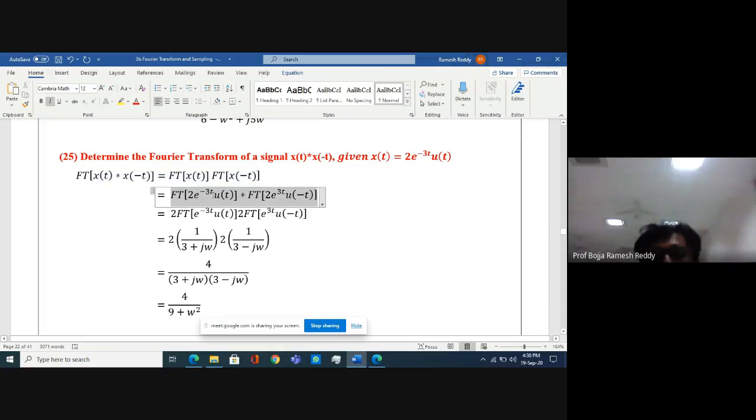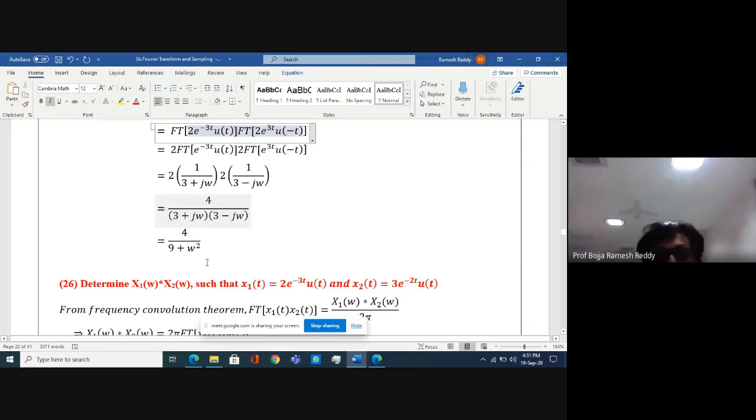Take the frequency domain of the first signal and of the second. Take the frequency domain of e power minus 3t u of t. It is 1 by 3 plus j omega. Now take the product with 1 by 3 minus j omega. 2 into 2, 4. 3 plus j omega into 3 minus j omega gives 4 by 9 plus omega square.